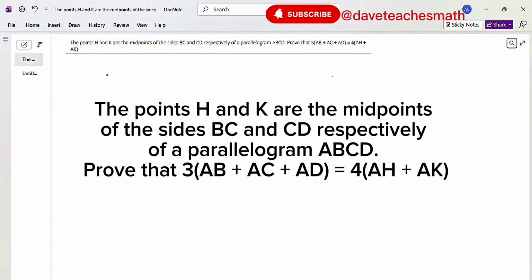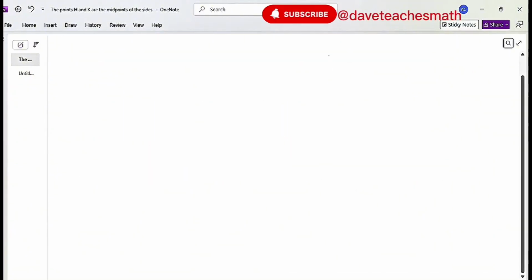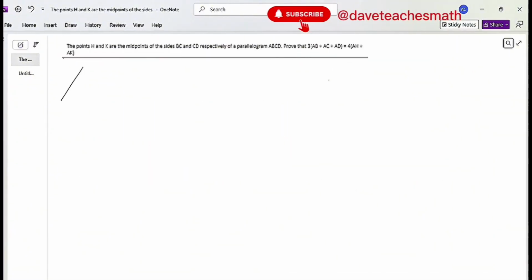First of all, you are going to draw a simple diagram to guide you on how you are going to solve the question. So let me just draw the diagram. We have a parallelogram like this. We have A here, B here, C here, and D here.